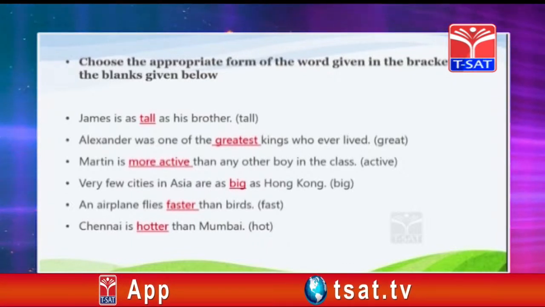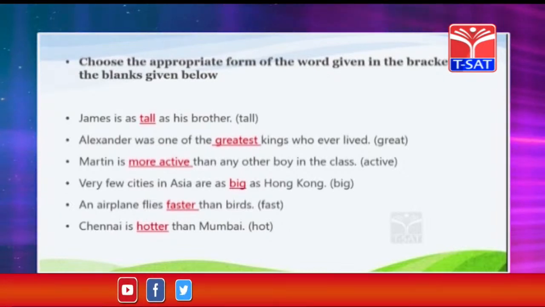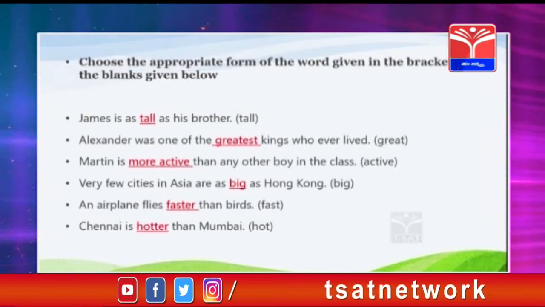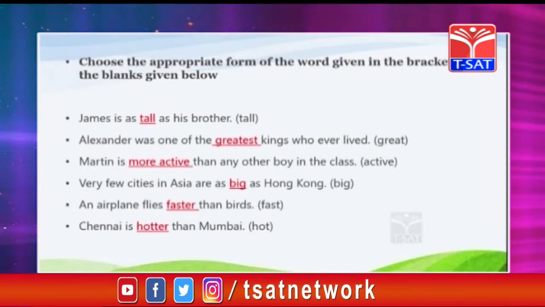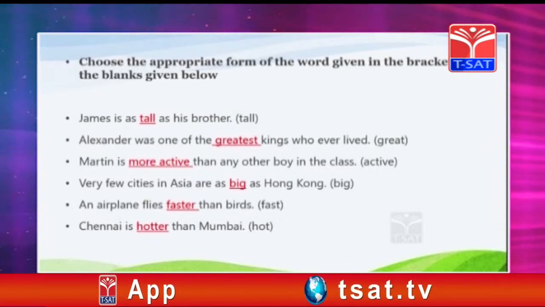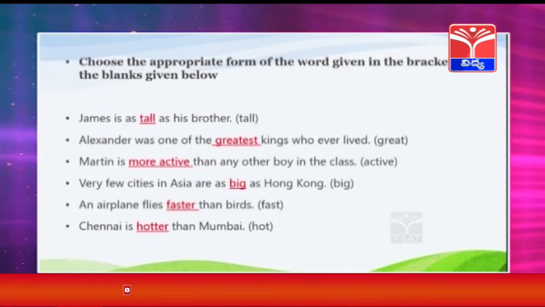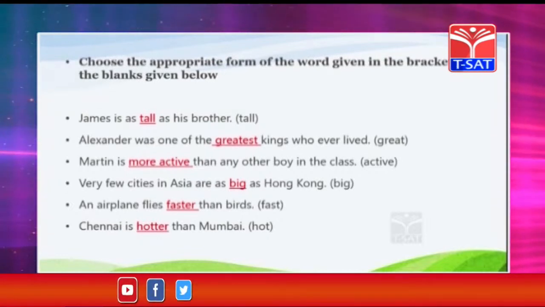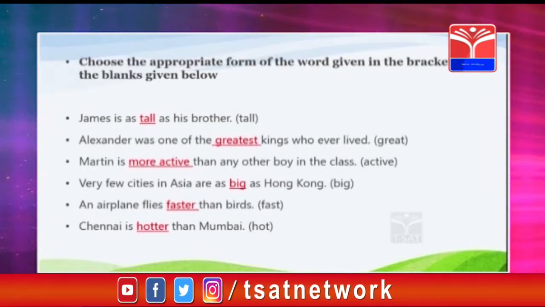So here the sentence is positive, so we have to use the positive word only. The next one, Alexander was one of the greatest kings who ever lived. According to the important note I mentioned, here the article the is written. So we have to use the superlative degree of the word great.